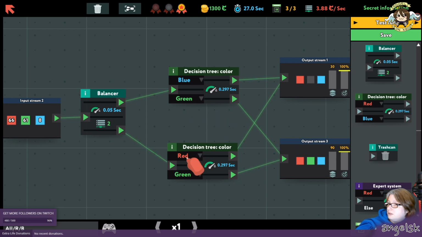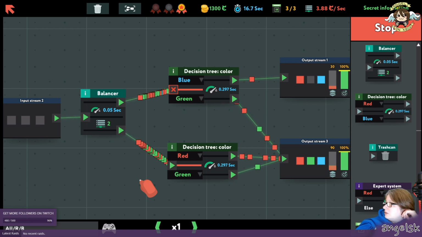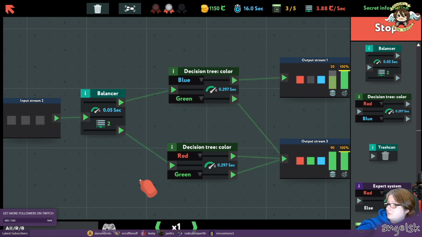Blue-green, split the reds. I'd connect the load balancers straight up, but I mean, that could be the answer, actually.